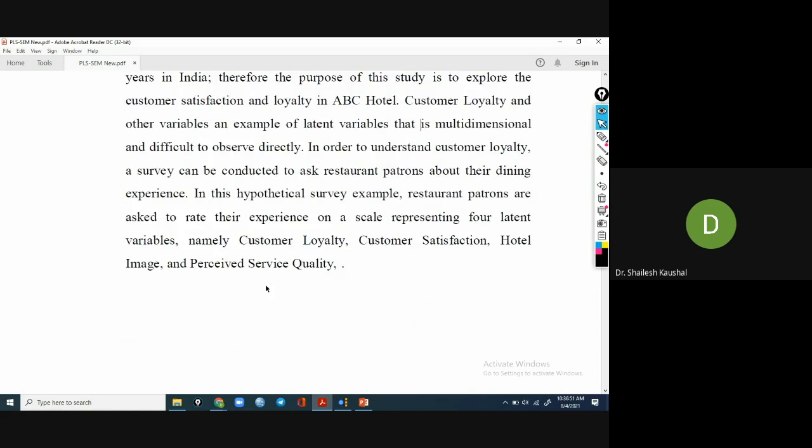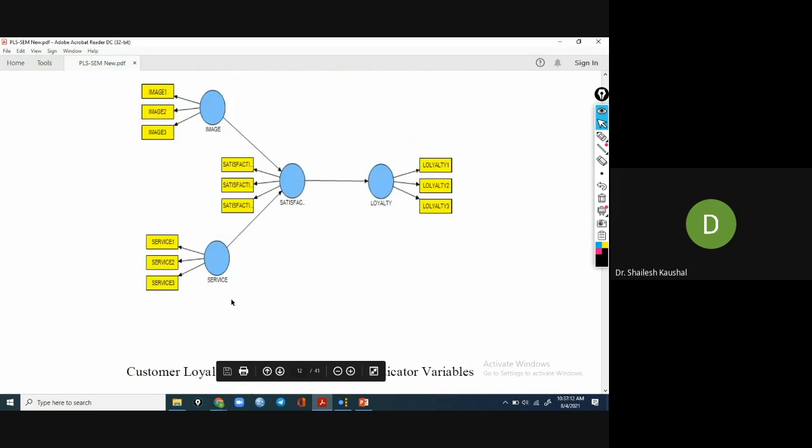In this hypothetical survey example, patrons are asked to rate their experience on a scale representing four latent variables: customer loyalty, endogenous; customer satisfaction, again endogenous; and hotel image and perceived service quality, exogenous.